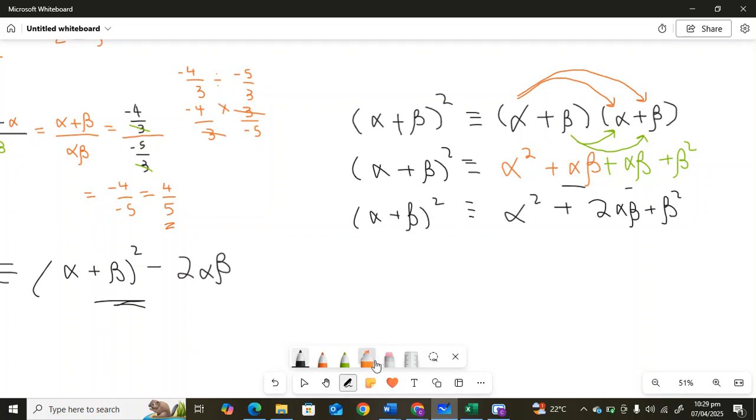Now remember, we want alpha squared plus beta squared by itself.